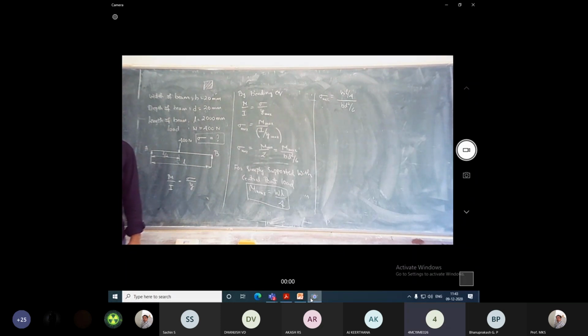One point five into 10 to the power of 2. Sigma maximum is W by 2 4n into 10 to the power of 5, into 10 to the power of 5.